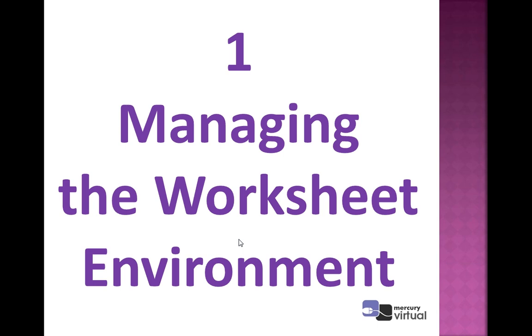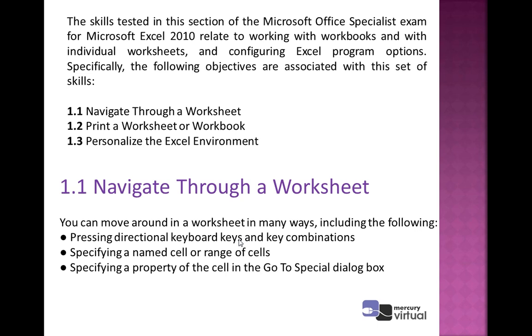Then we started with chapter number 1, that is managing the worksheet environment. I also showed the interface of MS Excel, that is, what is a worksheet, what is a worksheet tab, what are the ribbons, what is the scroll bar, what is the horizontal scroll bar, what is the formula bar, what is the name box. In this chapter we covered 1.1, navigating through a worksheet.